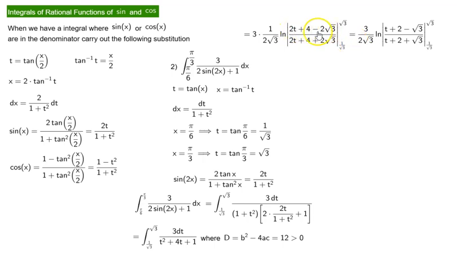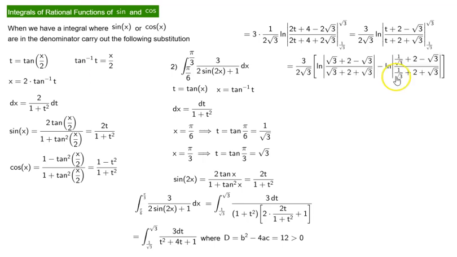And here 2 is a common factor in all the terms, both numerator and denominator. So we take it out and they get cancelled out. So that we are left with 3 by 2 root 3 natural log of t plus 2 minus root 3 by t plus 2 plus root 3 from 1 by root 3 to root 3.